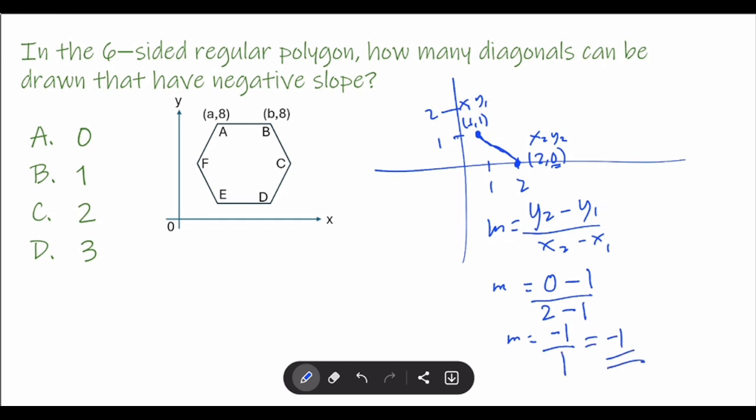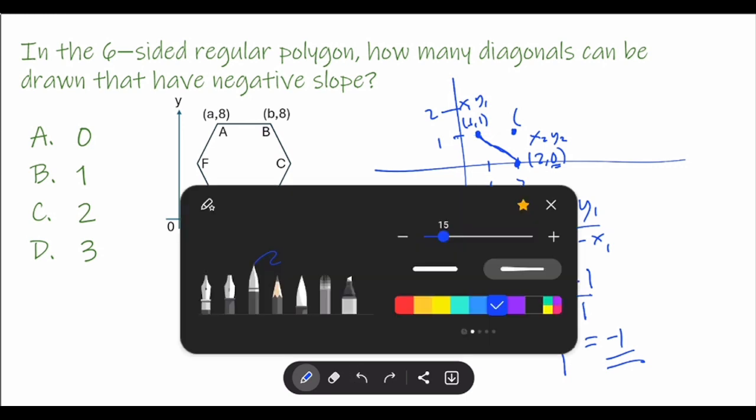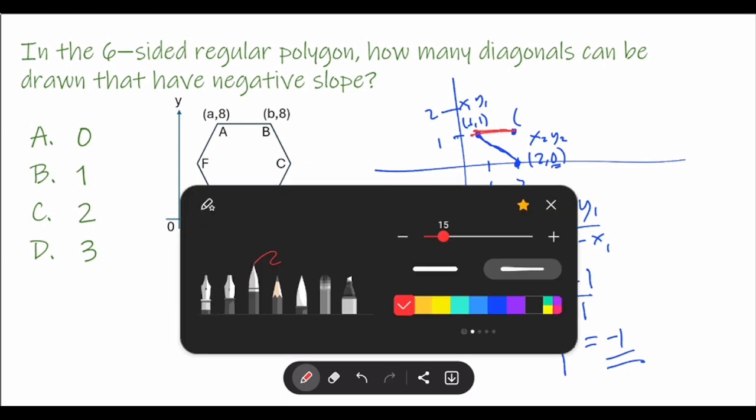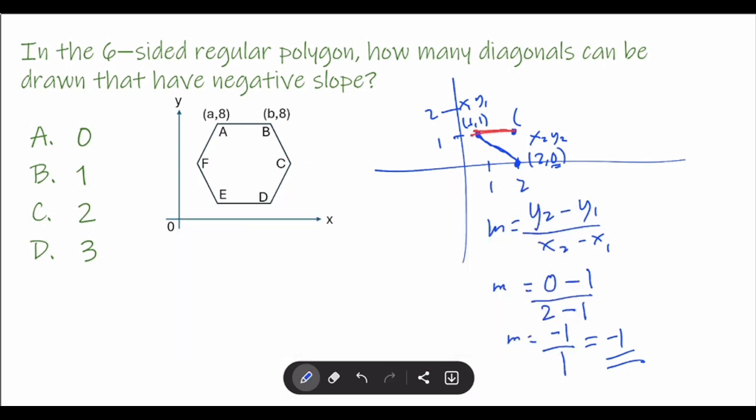So the slope is negative only when the line segment is moving downwards from left to right, because if it's horizontal, then it's going to be 0. For example, from here to here, the coordinate for this is 2, 1.